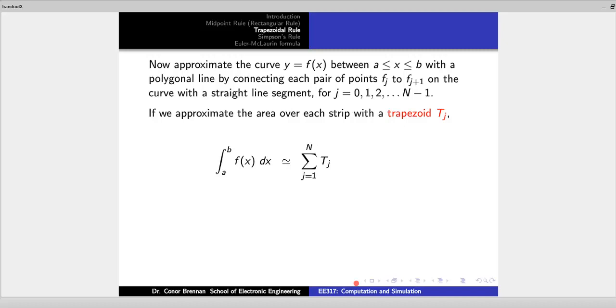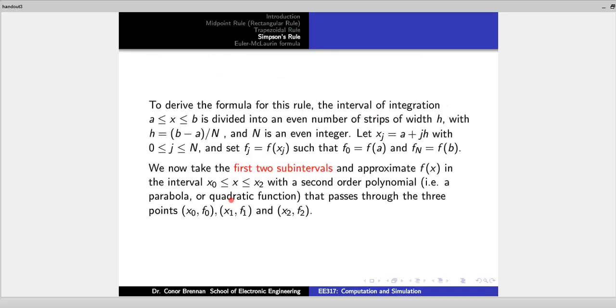To derive this, same as before, we have n strips, and xj are the start of the strips as before. Now what we do is we take two strips together. For example, the first strip involves the nodes x0, x1. The second strip is from x1 to x2. Let's combine those two strips together and consider the interval from x0 to x2.